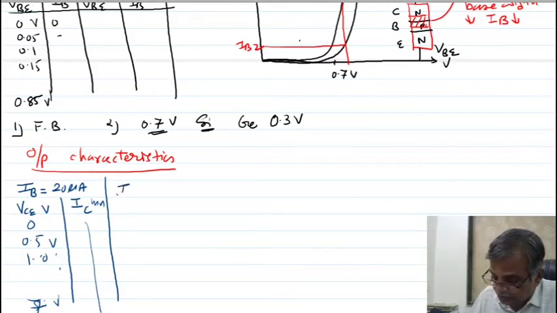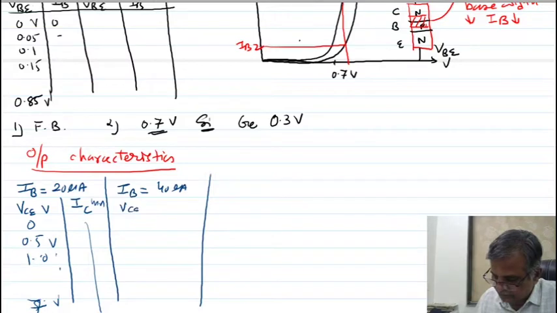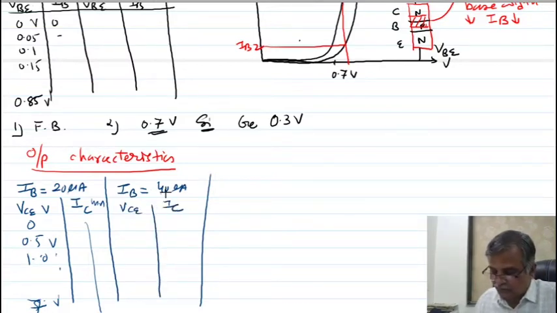Repeat the same procedure for higher values of base current (20, 40, 60 microampere) and plot the graph.